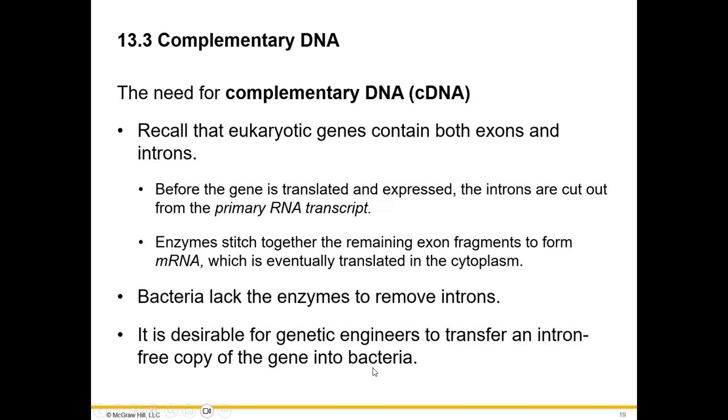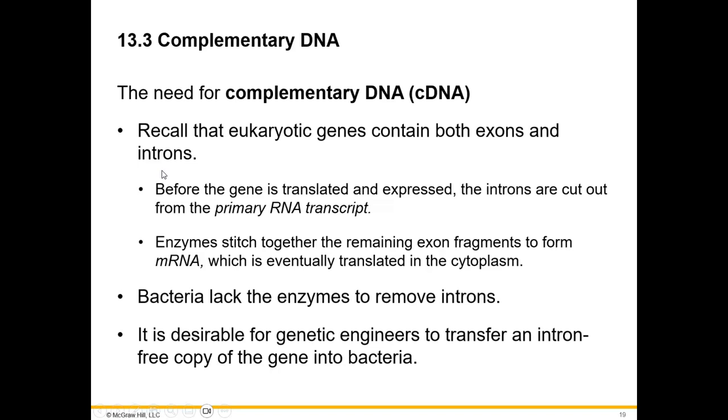So in this process, we have a need for complementary DNA, and that's usually named by this lowercase c in front of DNA. Recall that eukaryotic genes contain both exons and introns, parts that code, exons, and parts that don't, introns. So before the gene can be translated and expressed, the introns are going to be cut out.